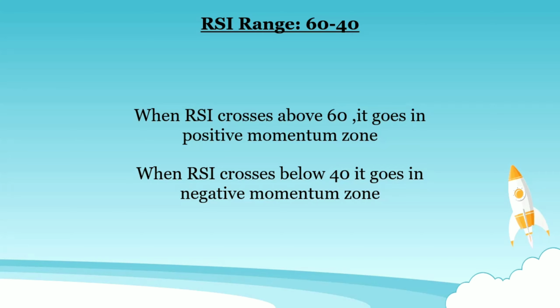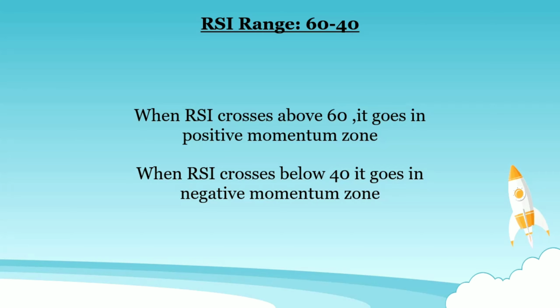Now the next range is RSI of 60-40. Now when RSI crosses above 60, it goes into the positive momentum zone, and when RSI crosses below 40, it goes into the negative momentum zone. Now this is a very important one.